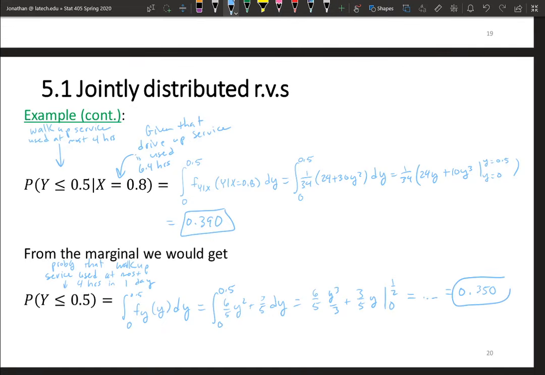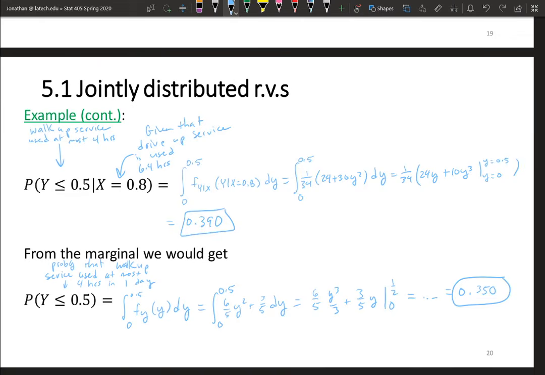0.350. So if these two variables were independent, the walk-up service and the drive-up service, then we should get the same thing no matter what x is, but we get a higher probability that people use the walk-up service given that the outside service was being used 6.4 hours.